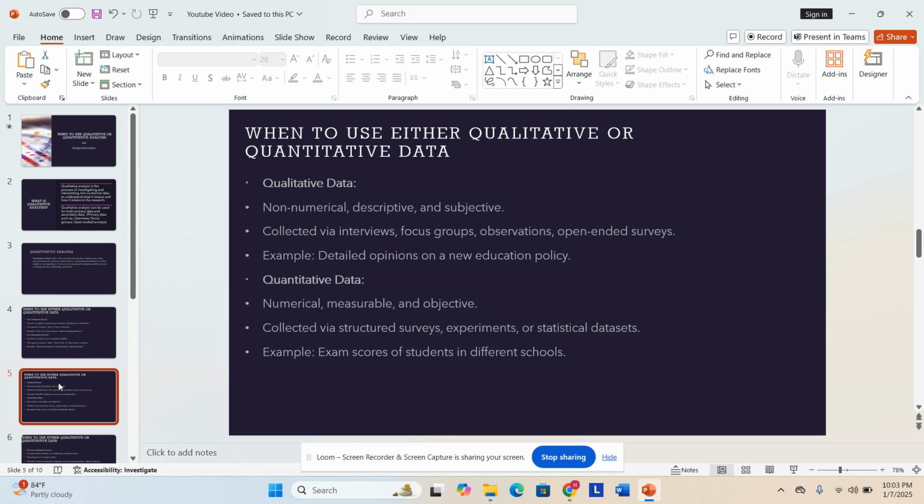For example, exam scores of students in different schools. Now, if we are going to use another variant of the example that we have in qualitative data, these detailed opinions on a new education policy, using quantitative data, it's going to be like which departments are mostly affected by the new education policy and what is the implication of the effects.